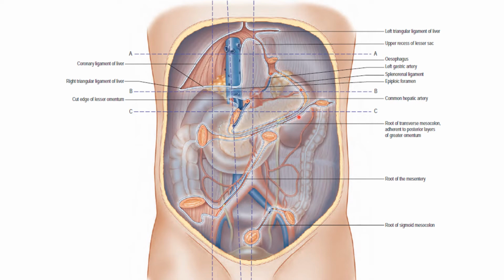This is the third segment comprising the transverse colon. The transverse mesocolon here is cut, and the transverse colon has been removed. And this is the fourth segment, with this sigmoid mesocolon. The sigmoid colon has been removed. These are the four segments.